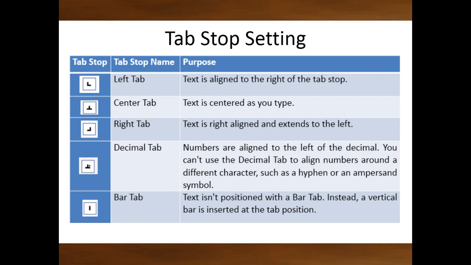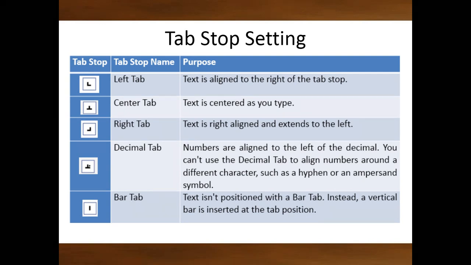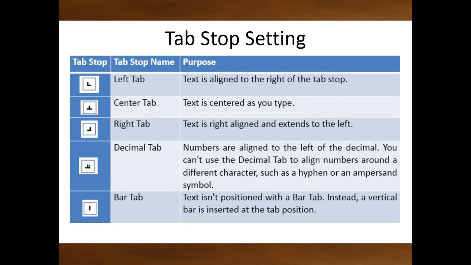Then we have the decimal tab stop, which is purposely for decimal numbers. Numbers are aligned around the decimal point. You can't use the decimal tab to align numbers around a different character, such as a hyphen or an ampersand symbol.